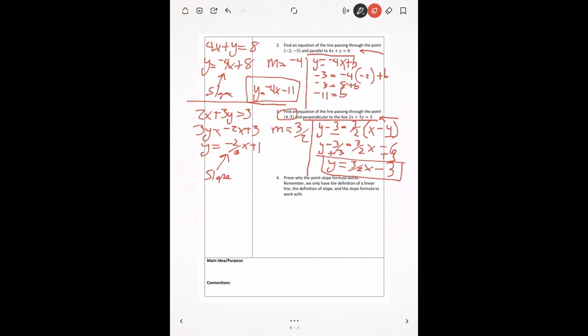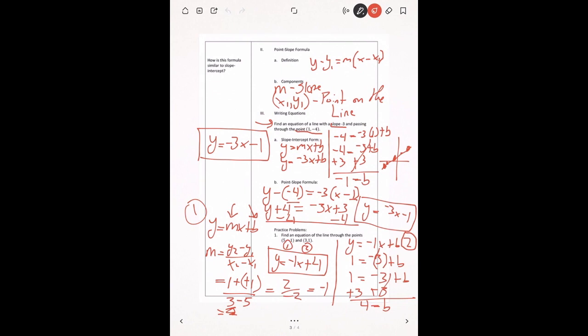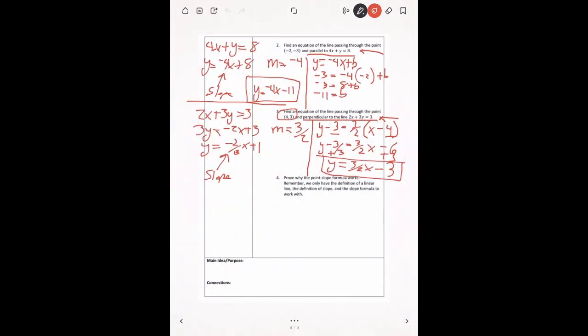These are the 3 main setups that I could use for any type of problem for you to find an equation. I could give you 2 points, like in the first practice problem. I could give you a point and a line parallel to your line, like in the second problem. Or I could give you a point and a line perpendicular, like in the third problem.